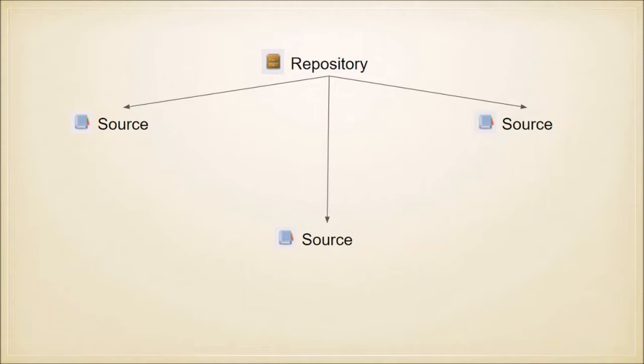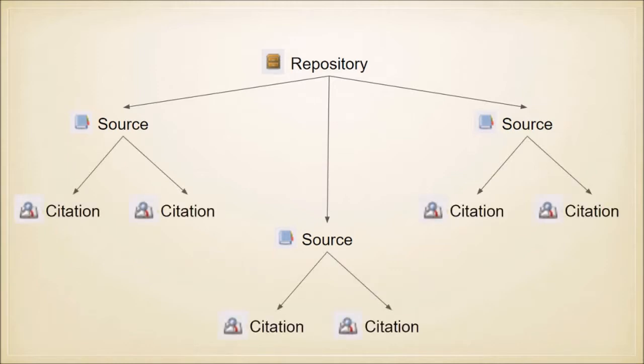Now, with each source, we will be opening and going through and seeing what information is in that source, and we're going to have citations for each source. So what this means is that we may have multiple pages inside of a source that we'd be interested in. And depending on the facts and stuff, as long as we're consistent, we'll want to cite each individual page and maybe each individual fact that we pull out.